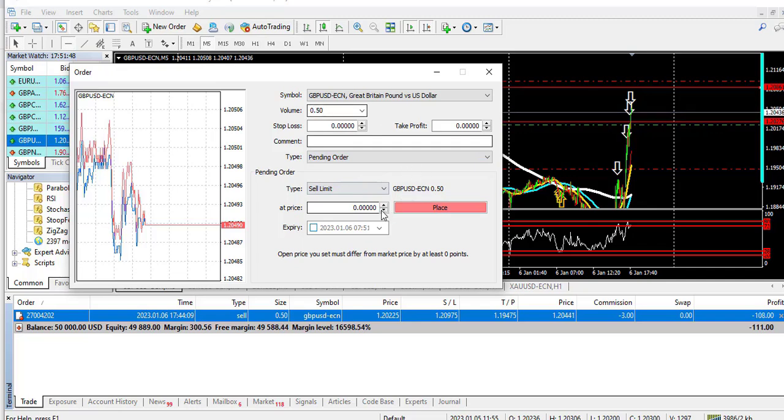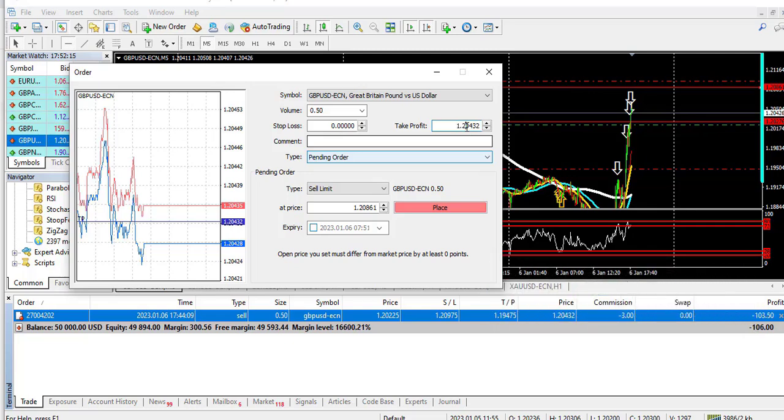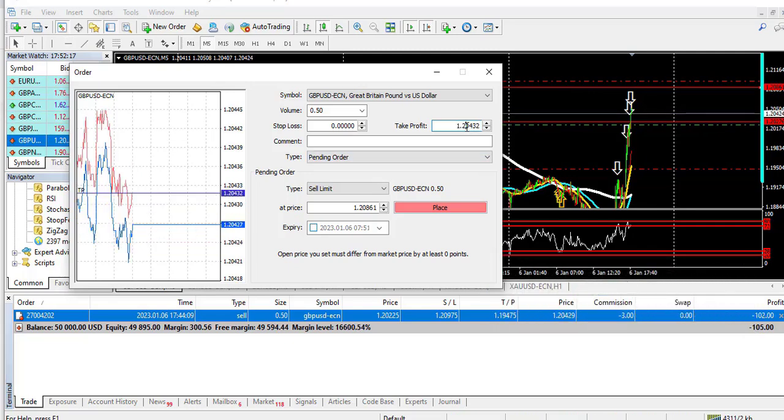So I'm entering at this point 1.20861. Then my take profit. Remember, my first position I'm targeting 75 pips take profit and 75 pips loss. So this time around, I'm targeting 100 pips using the same size and trading towards the same direction.